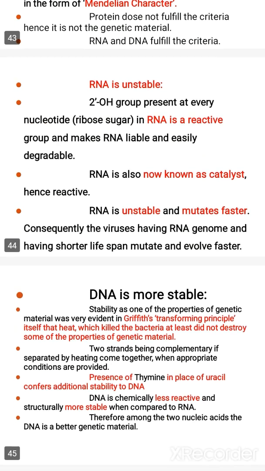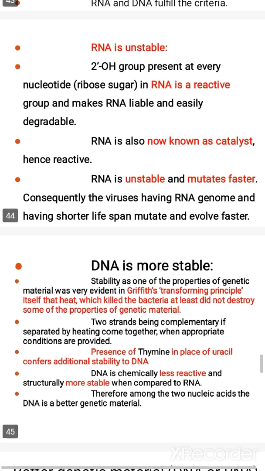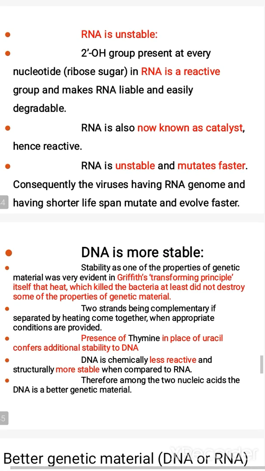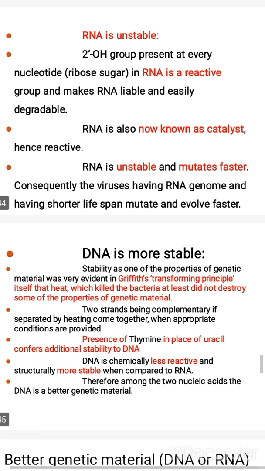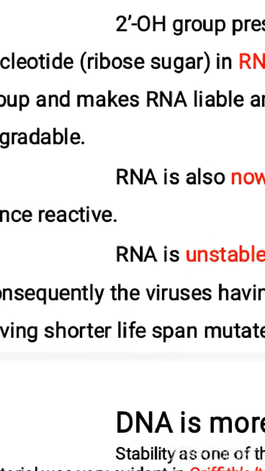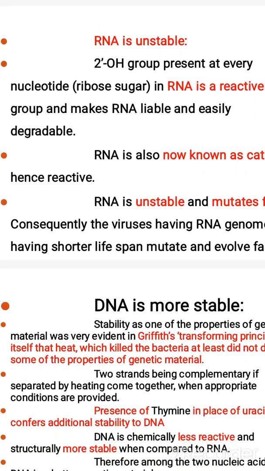Now let us see the RNA. RNA is unstable. Why is it unstable? Because of the presence of the OH group at every nucleotide, it gives its instability. So they are not stable, and apart from that, they are easily degradable also.